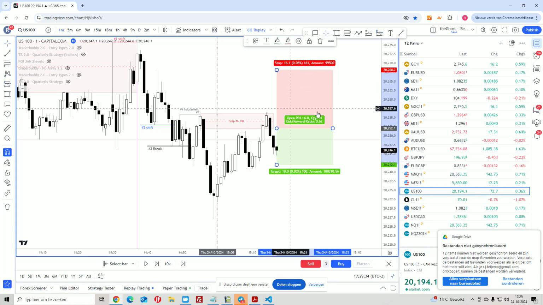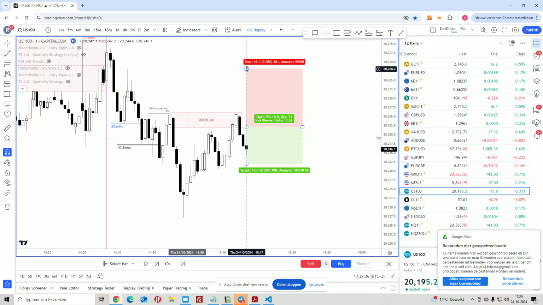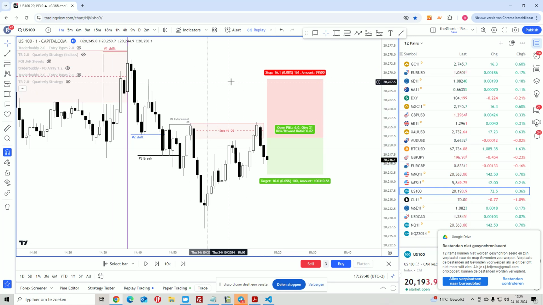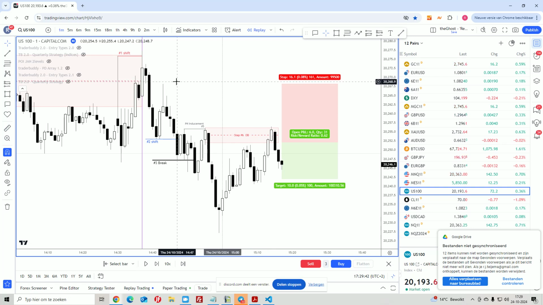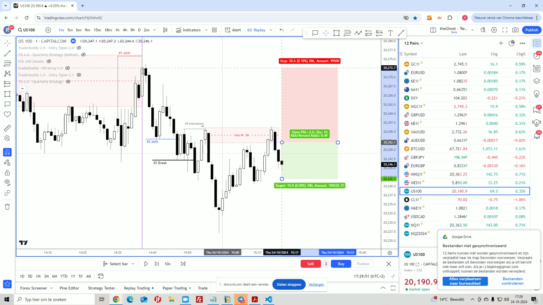And this could be a stop loss. But usually this is only advisable if there's some liquidity left over here, like a fair value gap or some very obvious level that price can trade to.